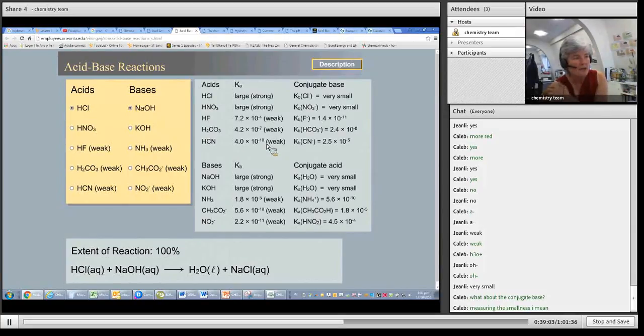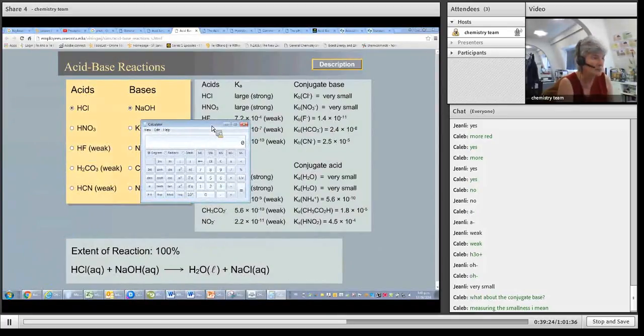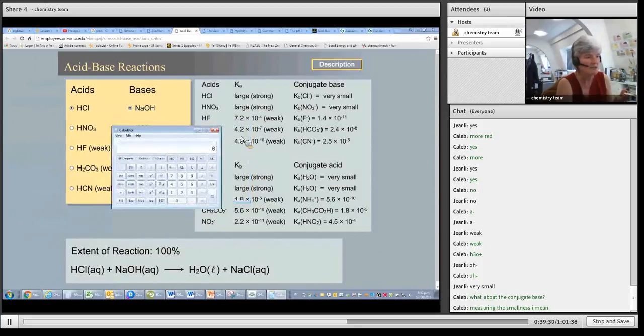If you multiply these two values together, so if I bring up the calculator, doing this first one, 7.2 times 10 to the minus 4, and I multiply it by the Kb of the conjugate, so it's 1.4 times 10 to the minus 11, is equal to.